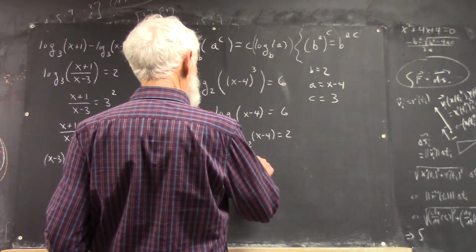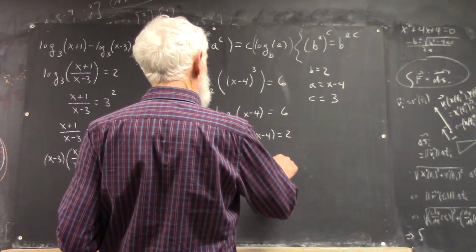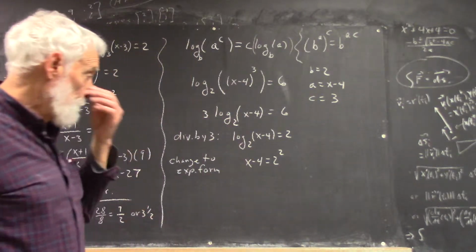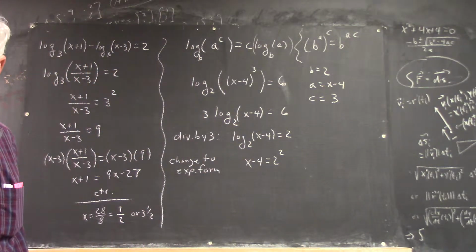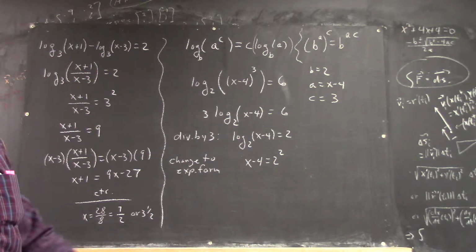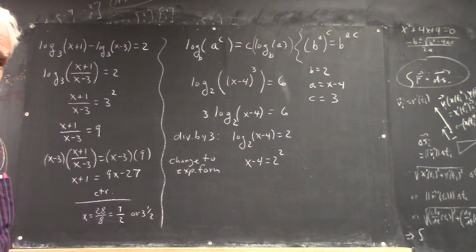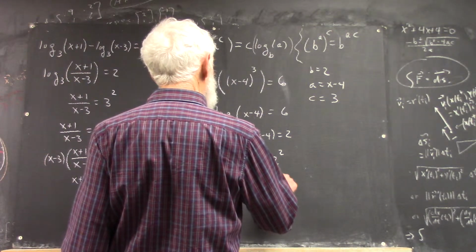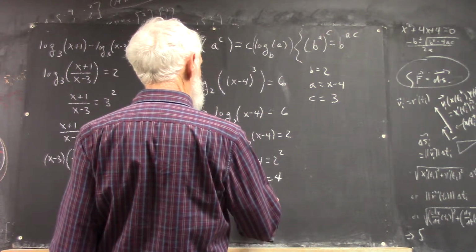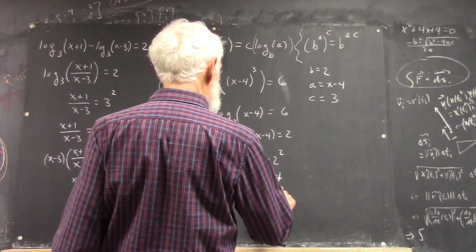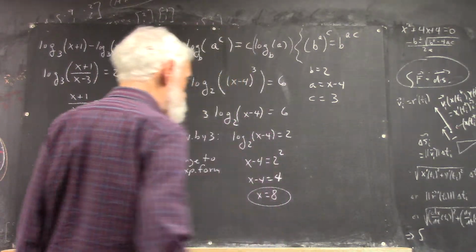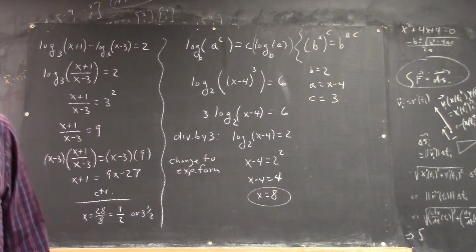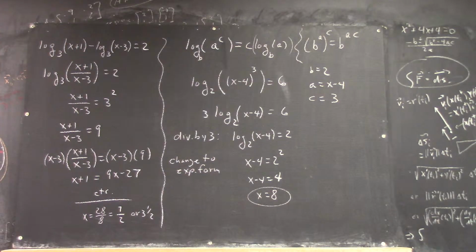So we're going to get x minus 4 equals 2 raised to the second power. Now again, you have to apply the law, but you should be pretty familiar with that law. If you aren't, you need to do some more problems. So x minus 4 equals 4. And you want to write out the intermediate steps, because I always want to see them, but you get x equals 8. Okay?